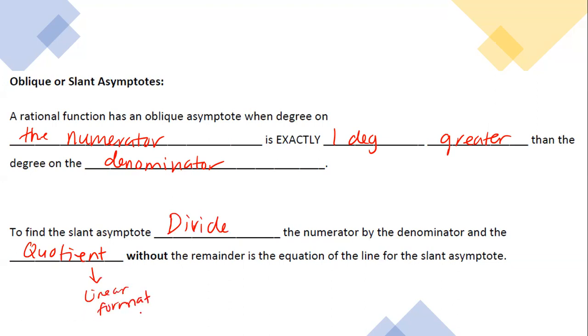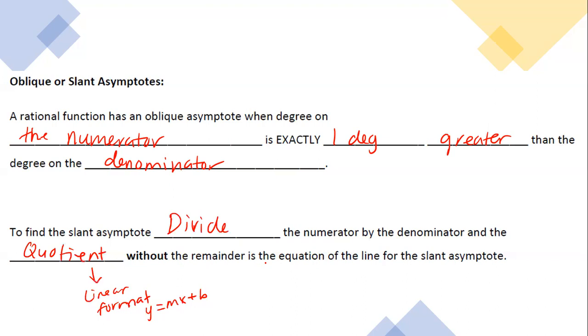When I say linear format, what does that mean? It means y equals mx plus b. Again, it's without the remainder, so the remainder part is irrelevant.